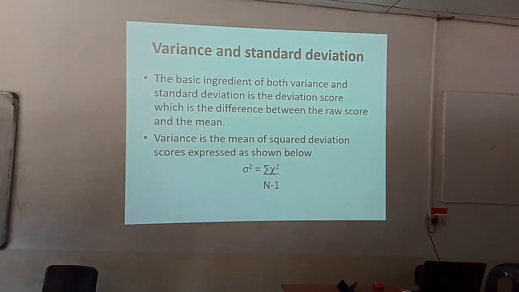Of course, it is the measure of combined performance, isn't it? Like in our example we said the mean was the what? 61.4. Okay. What was the lowest score? 52.